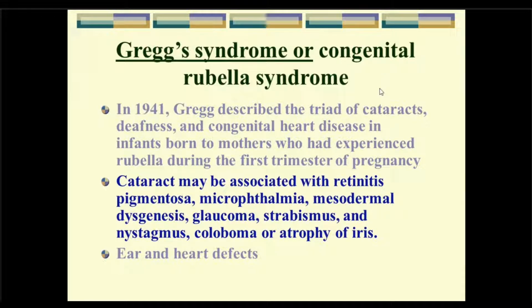In this syndrome, cataract may be associated with retinitis pigmentosa, microphthalmia, mesodermal dysgenesis, glaucoma, squint, and other pathology of the eye. In these syndromes, pathology of the ear and heart is rather common.